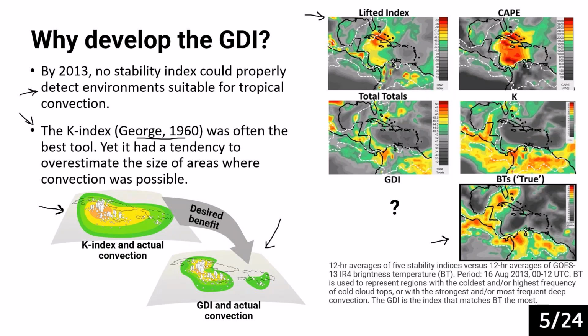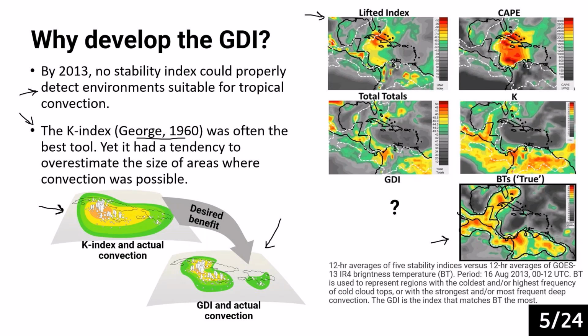So we can say, okay, these regions that are in this white contour, if you can see it, are regions that had a lot of convection during this period, right? So we want to see if the indices were able to capture that area of convection.